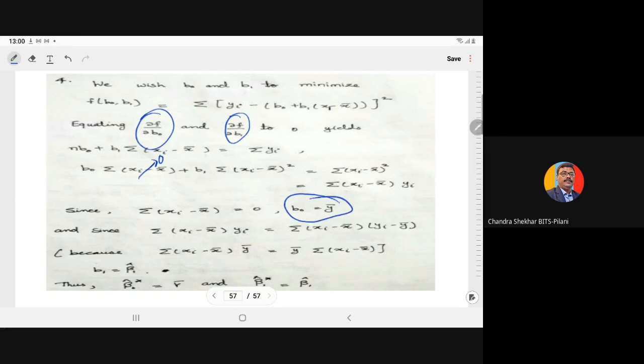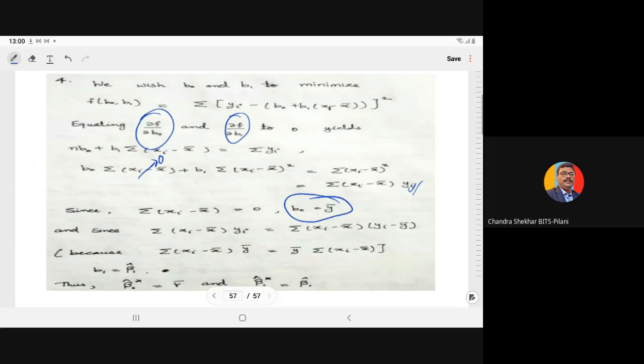If we subtract zero in this, there is no problem.